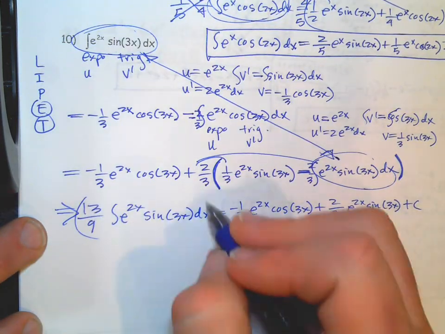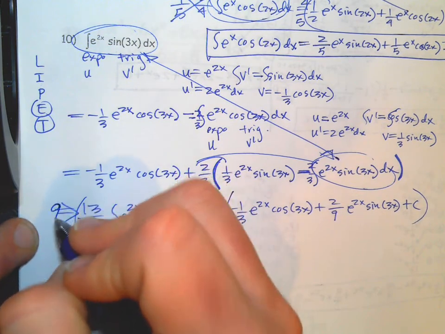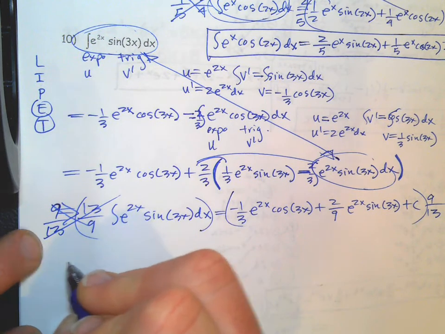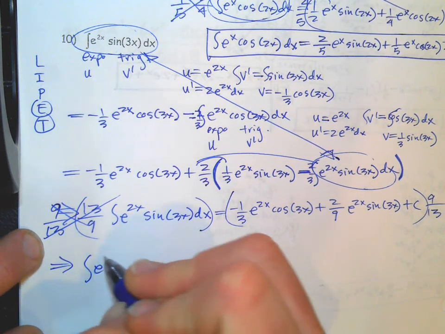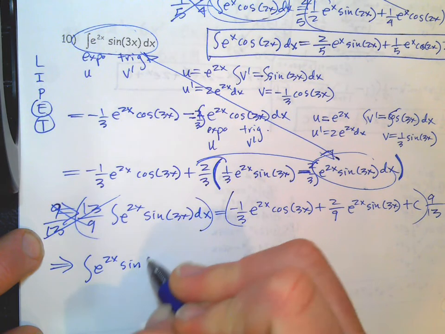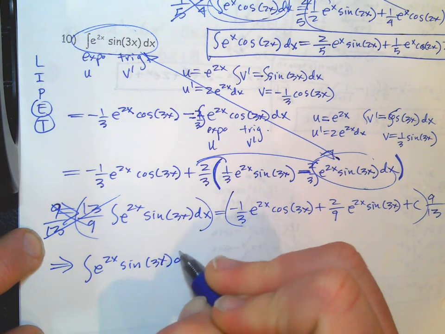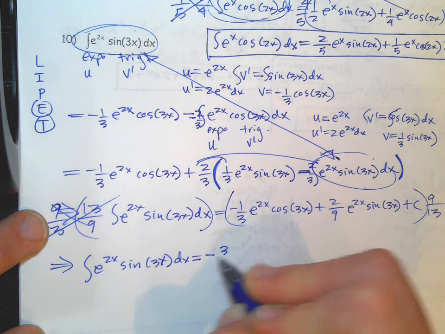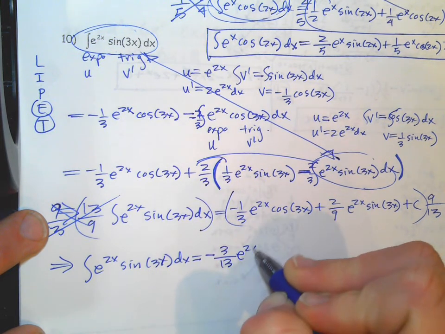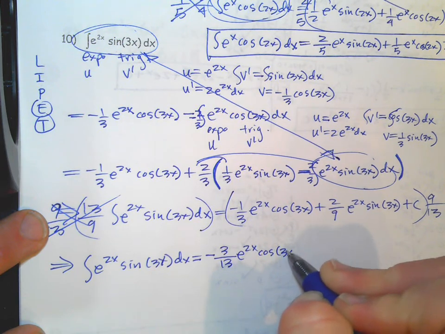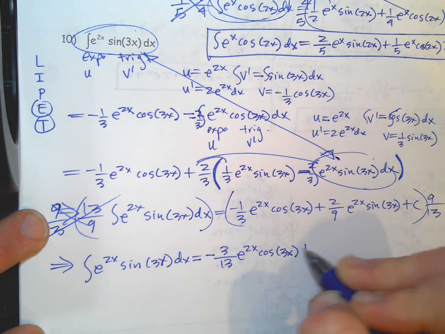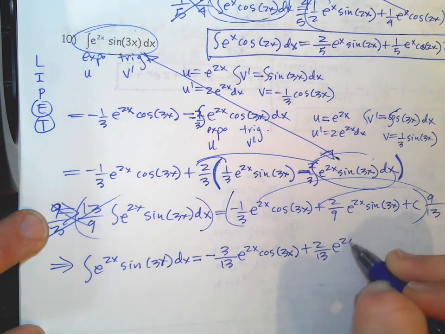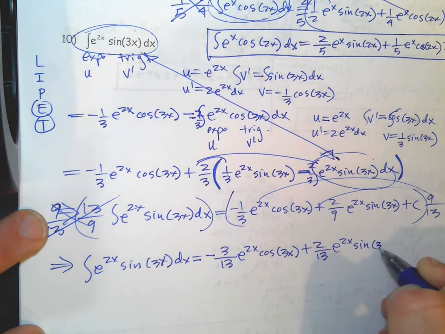So now to solve for what we need, we're going to multiply by 9/13. And so the final answer is the original problem, the integral of e to the 2x sine 3x dx, equals negative 3/13 e to the 2x cosine 3x plus 2/13, you got to distribute this, e to the 2x sine 3x plus c.